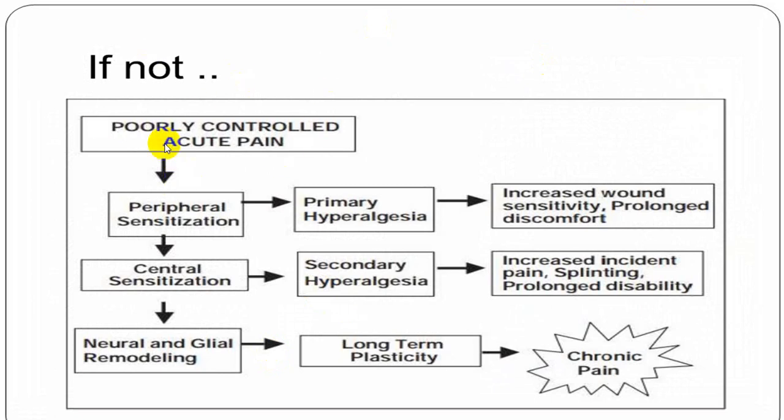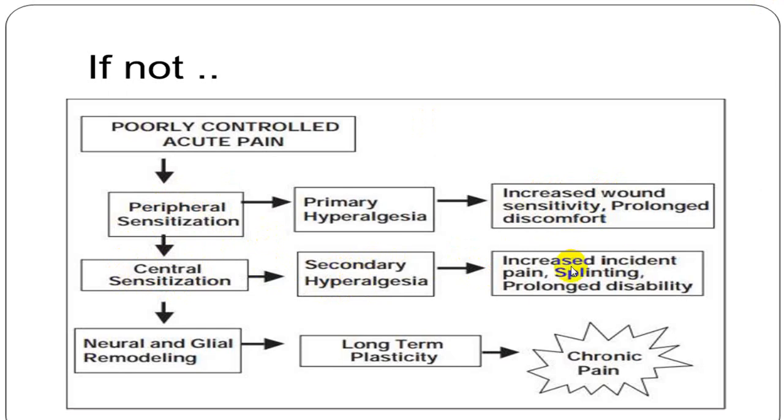If acute pain is not controlled, or is poorly controlled, it will lead to peripheral sensitization. Because of peripheral sensitization, the person will develop hyperalgesia, meaning increased wound sensitivity and prolonged discomfort. He'll constantly complain of pain in the affected area, particularly the area where the injury is. Secondary to peripheral sensitization, there is now a central sensitization, which will give rise to secondary hyperalgesia.